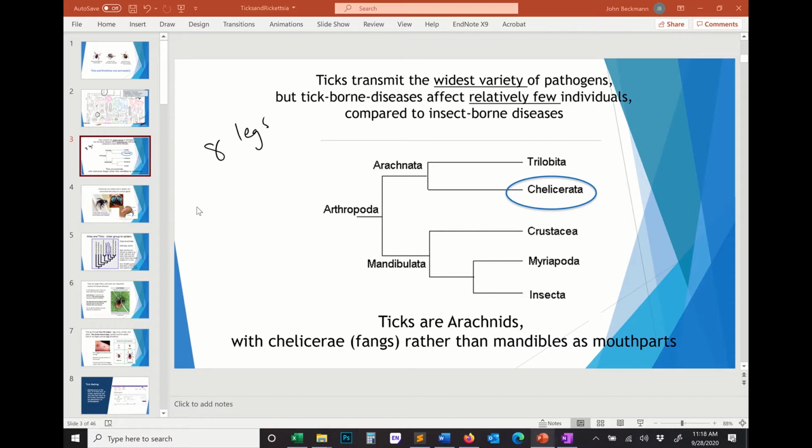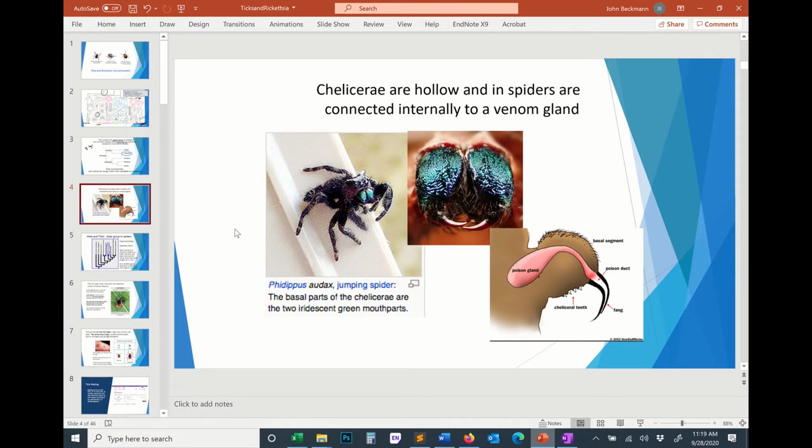So ticks are arachnids. I already said this. They have chelicerae, fangs. And the difference between chelicerates is that when we talked about the structure of the mouth parts, there are mandibles, okay? And chelicerates don't have mandibles. They have chelicerae. So these are the chelicerae. Sometimes the chelicerae have venom glands.